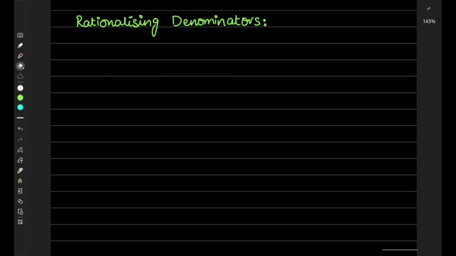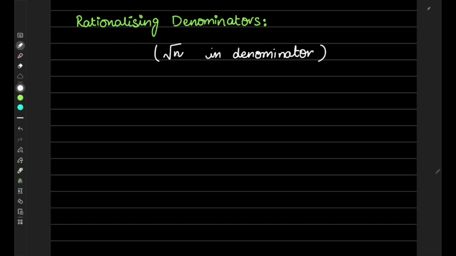What is rationalizing denominators? Whenever you have a square root of any number in the denominator, it is not correct according to mathematics rules.